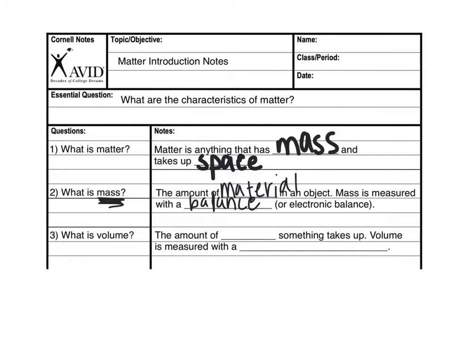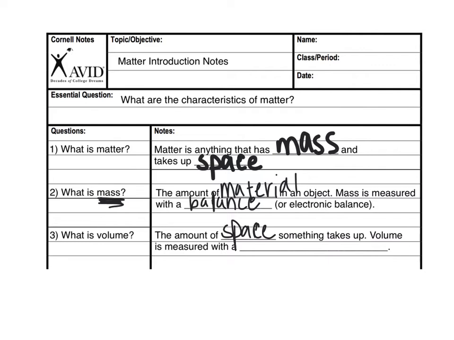Number 3, what is volume? Volume is the amount of space something takes up. So I take up space. I could be put into a pool and the pool water might rise a little bit because I do have volume and I'm displacing the water that I am in. So the water level might go up.